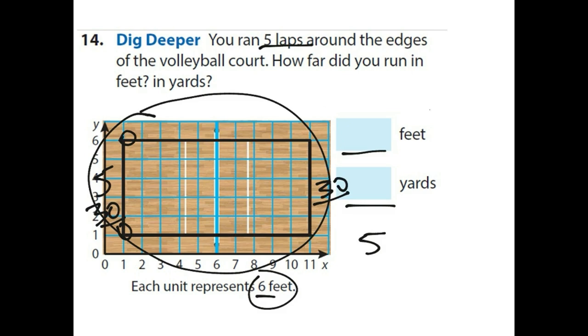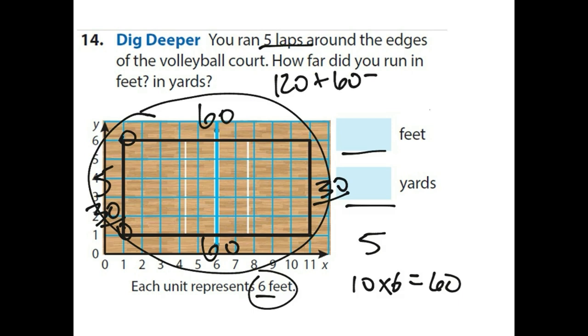And then we get 11 minus 1. We get 10. So that's going to be 10 times 6. That's going to be 60. So 60. Right? So 60 plus 60 is 120. 30 plus 30 is 60. So that's going to be 180.